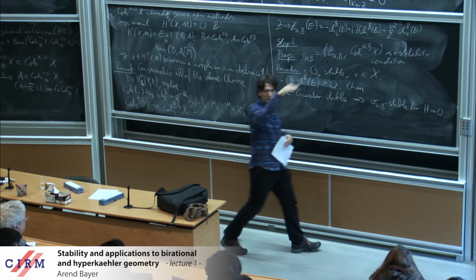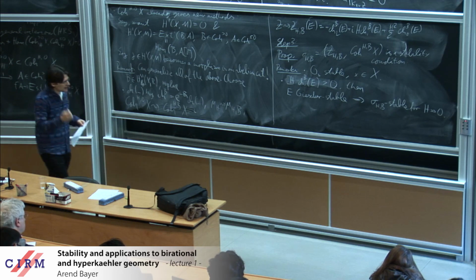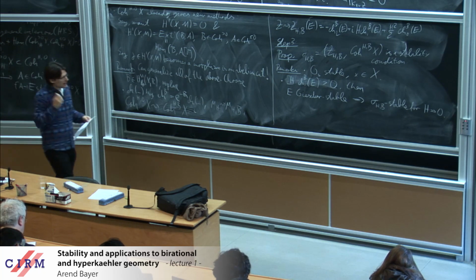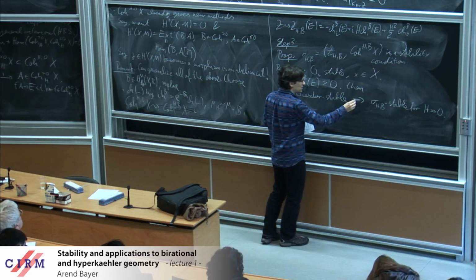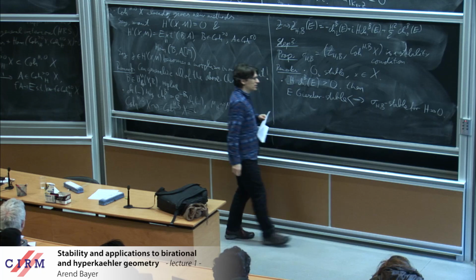If I run to infinity along a line in the ample cone, then it will become Gieseker stable. And interestingly enough, also the converse holds.